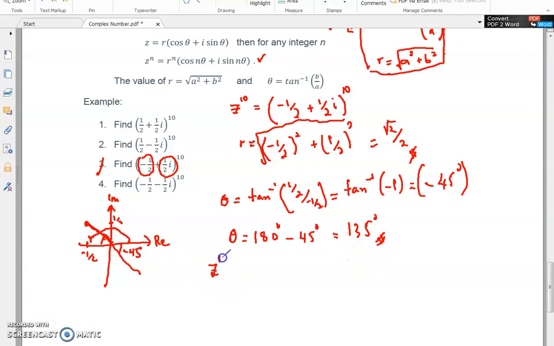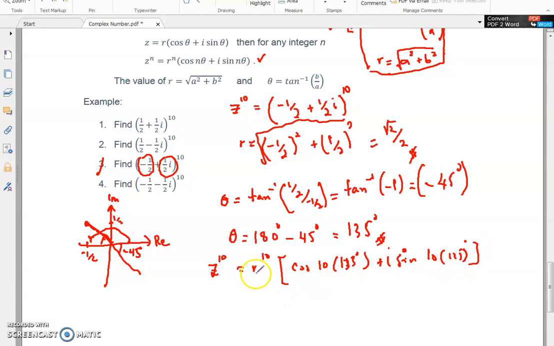It will be z to the power of 10 equals r to the power of 10, cos 10 multiplied by 135 degrees, because your theta is 135, plus i sin 10 times 135 degrees, don't forget the i there.